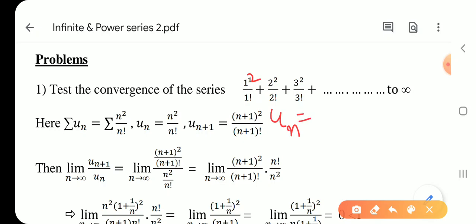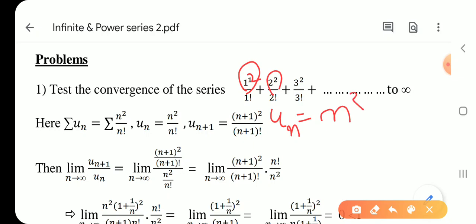So how to find the nth term? See here. Each numerator is in exponential form. Base of the exponential, if you check, it is natural numbers 1, 2, 3, 4, 5, 6. And the natural number is given by the value n. Base is n, the exponent is the same, 2.